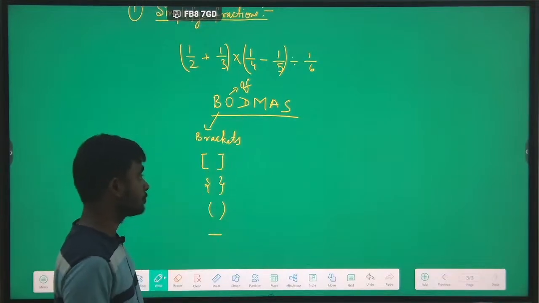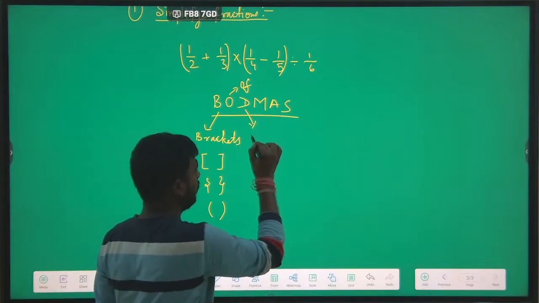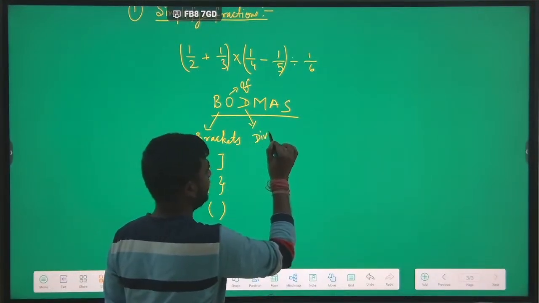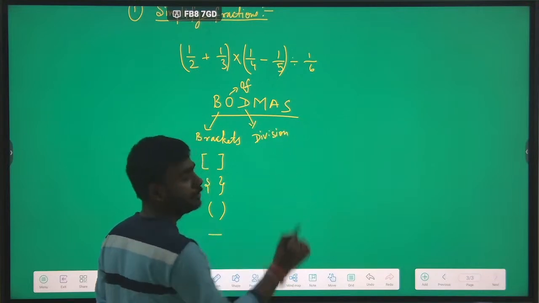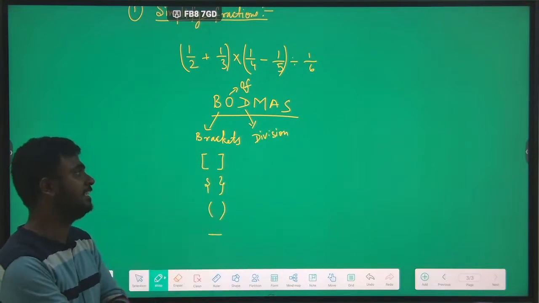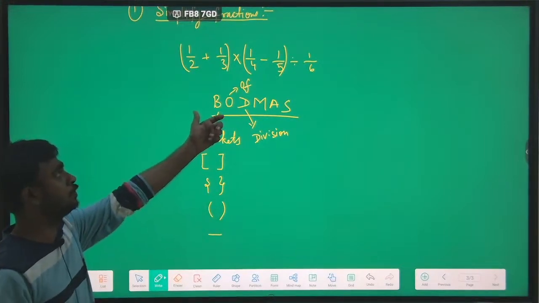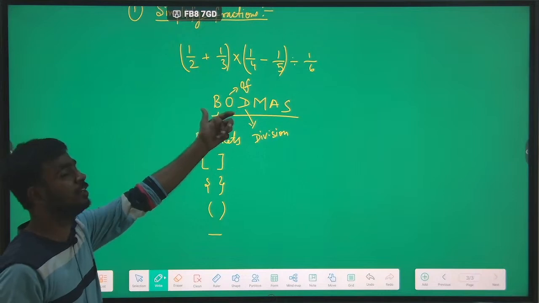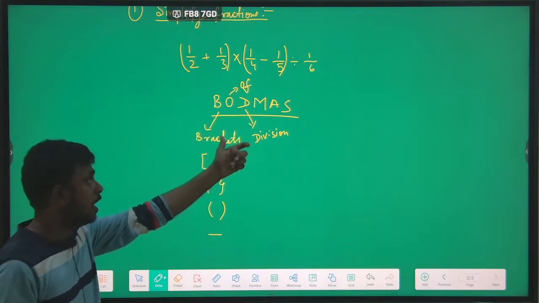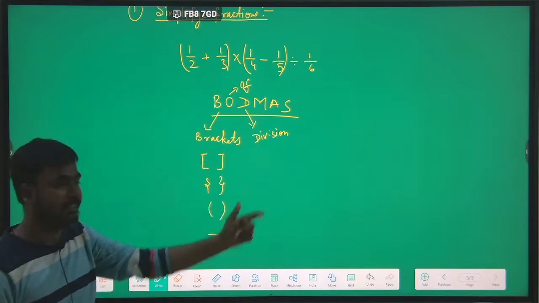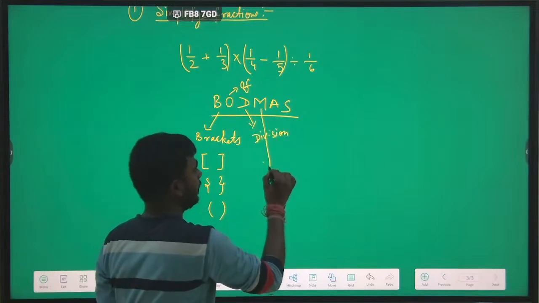Now, D is for division. Are you getting it? D is for division. First of all, we solve brackets, and after that, we solve off. After that, we solve division, and after that, we multiply.